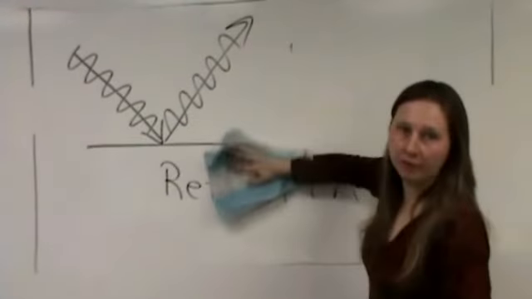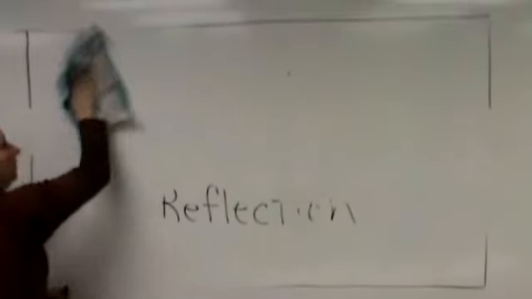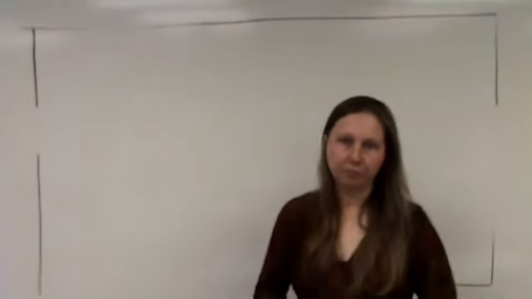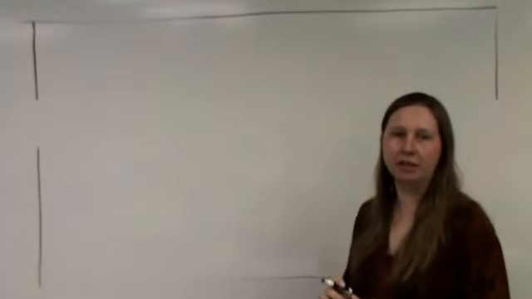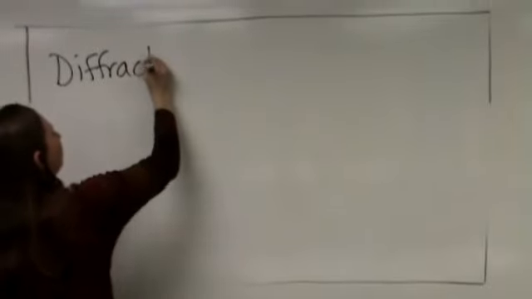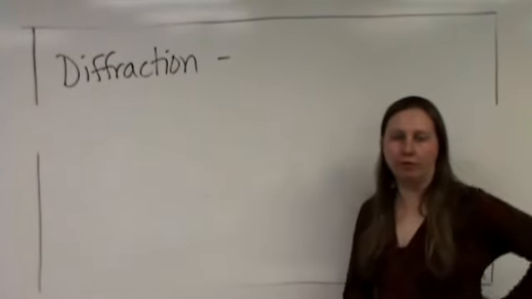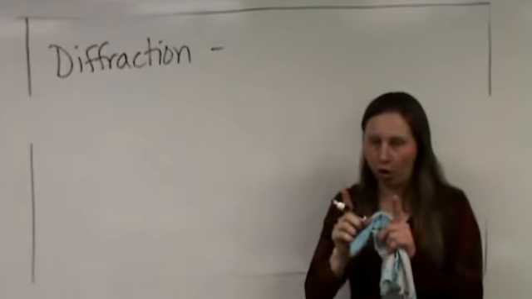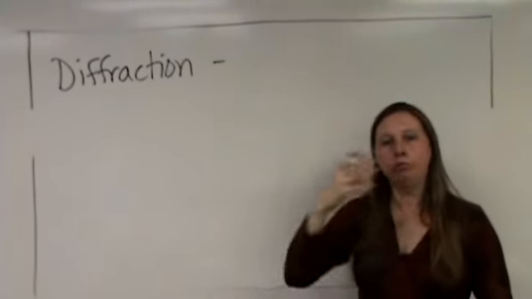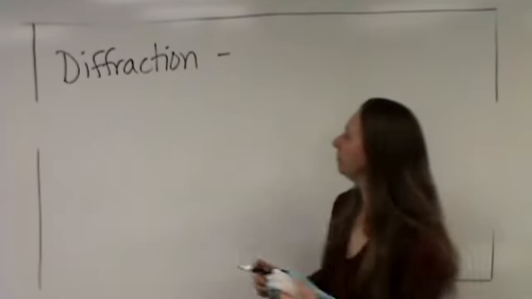Let's look at some phenomena in which light behaves more like a wave or more like a particle. Let's look first at diffraction. Diffraction: the passing of a light wave through a small slit or around an obstacle.